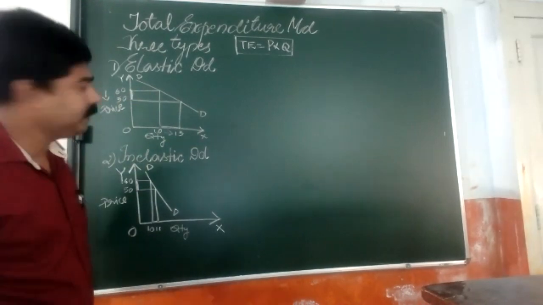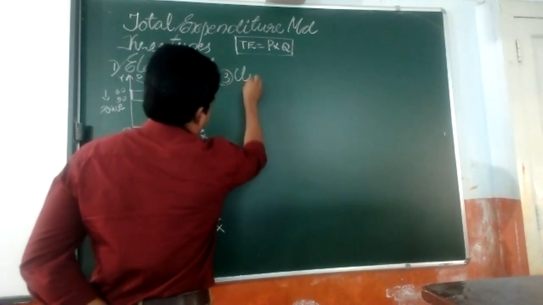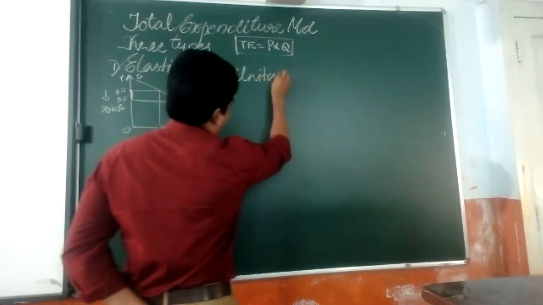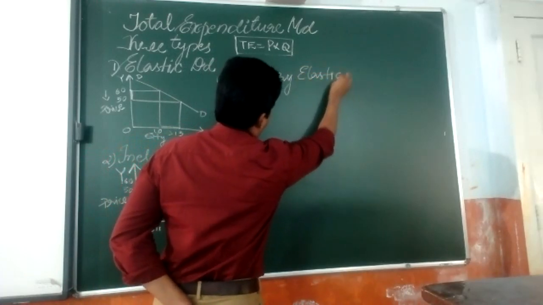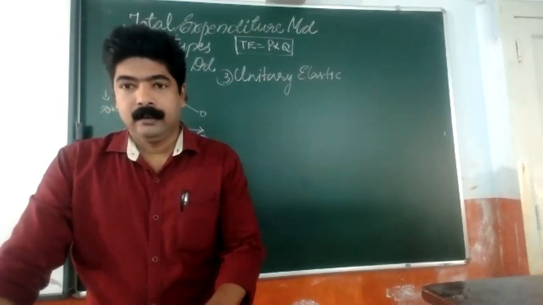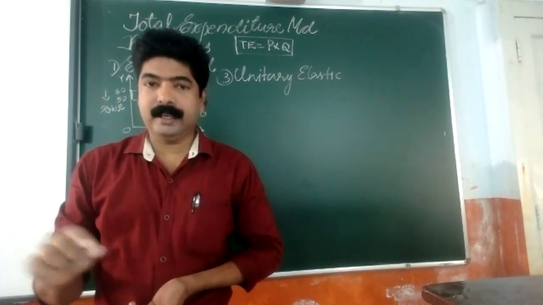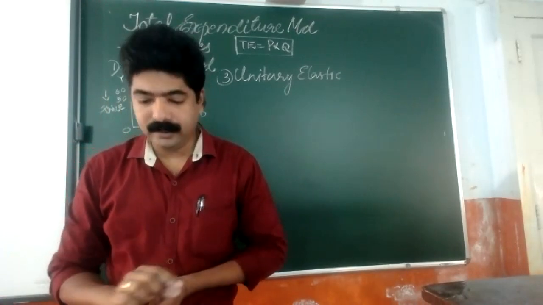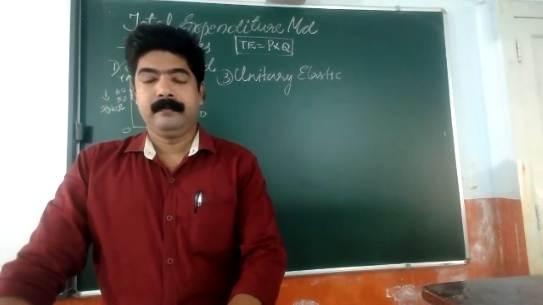Okay. Now we move to the third one, unitary elastic. What is meant by unitary elastic? When total expenditure does not change with the change in price of the commodity.